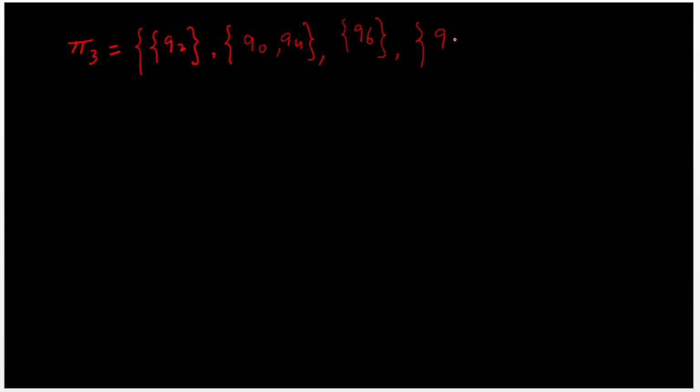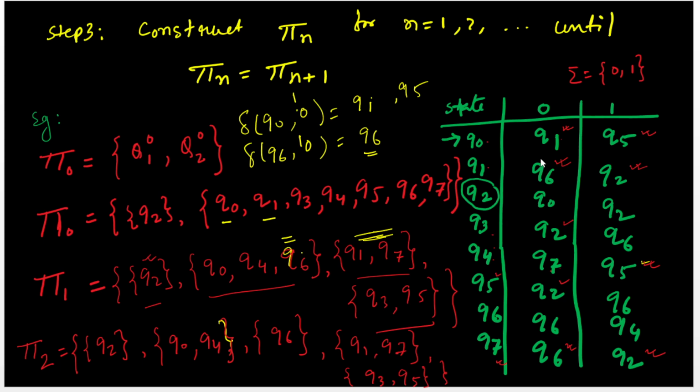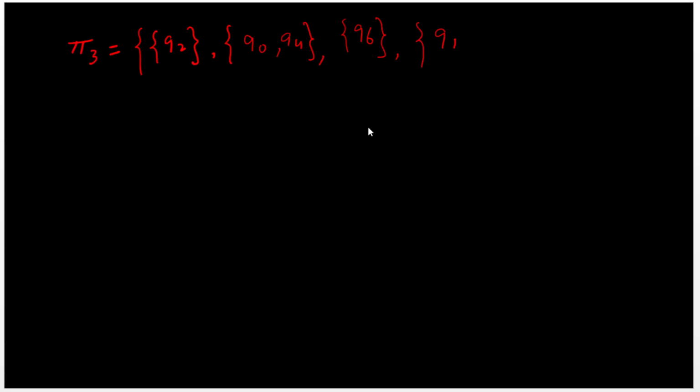And now we'll check Q1. Q1 gives Q6 and Q7 gives Q6. They are in the same equivalent class of pi 2, right? By taking 1, Q1 gives Q2 and Q7 gives Q2, they are also in the same equivalent class of pi 2. So there will be no problem for Q1 and Q7. Now we check Q3 and Q5.